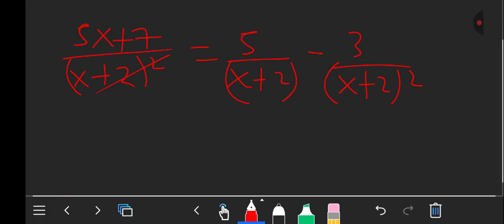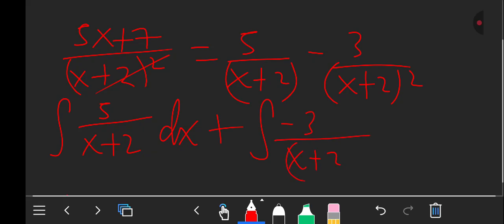Then to integrate this, I'll say integral of 5 over x plus 2 with respect to x, plus integral of -3 over x plus 2 squared.